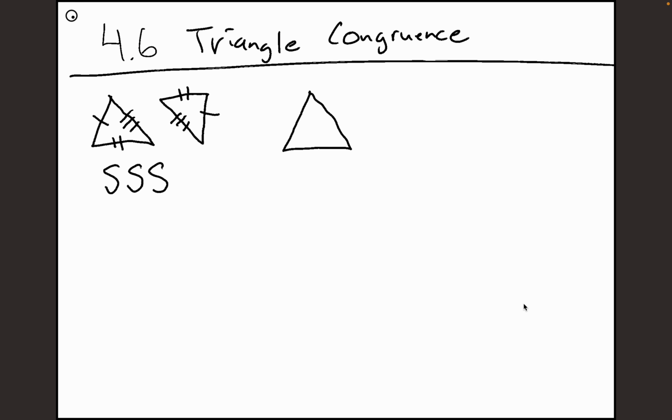Again, let's say I have 2 triangles. Now, let's look at this one. What would this mean right here? That's an angle, okay?